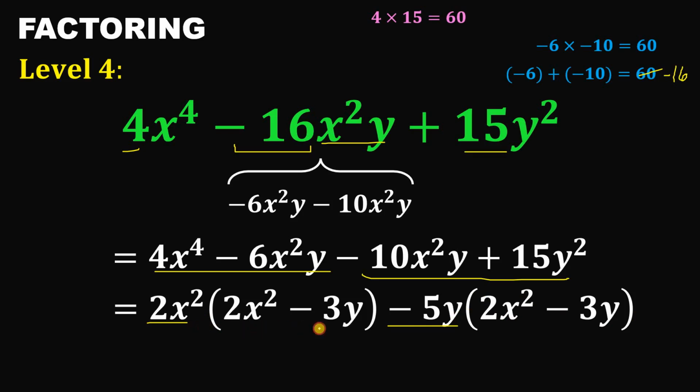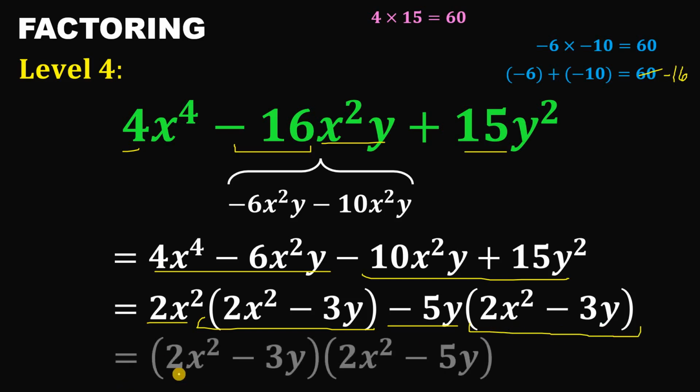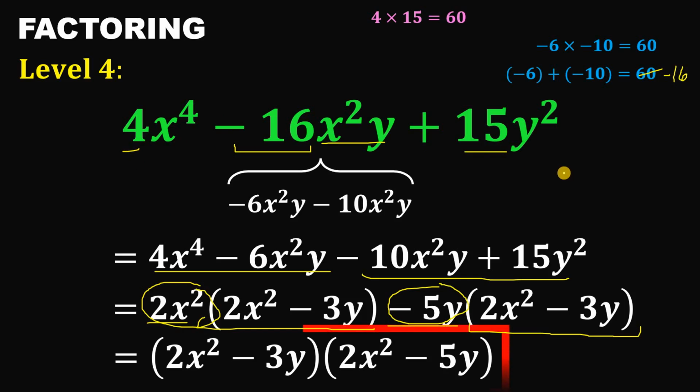And then, notice that we have a common factor also of 2x squared minus 3y. So if we factor this out, we have 2x squared minus 3y multiplied by the remaining term, 2x squared minus 5y. And there you have it. This is the factored form of 4x raised to the fourth power minus 16x squared y plus 15y squared. We are done.